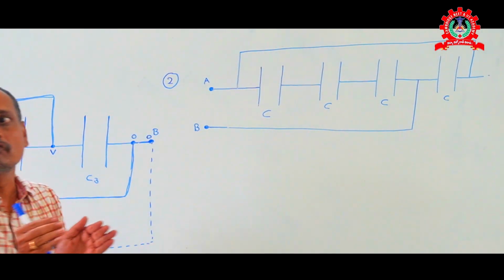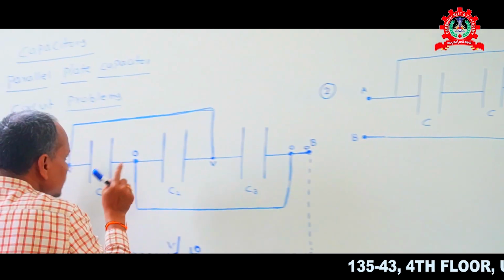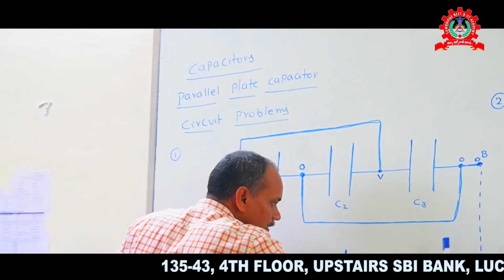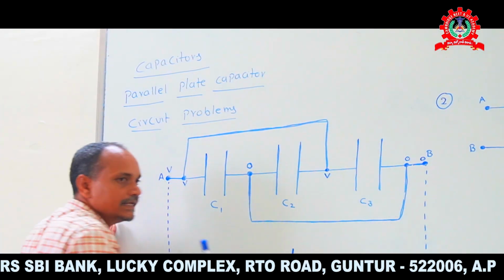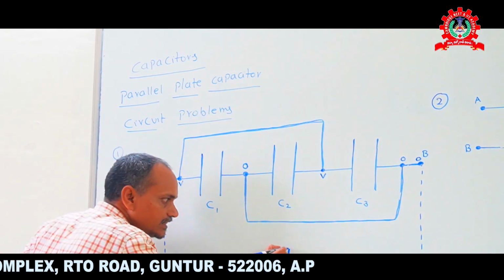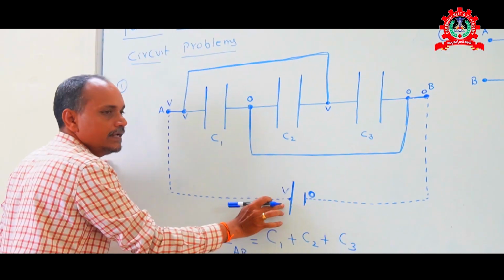Now to find the equivalent capacitance between A and B, in the previous problem what did we do? At which points do we have to calculate the equivalent capacitance? At those points we imagine one cell or battery like this.